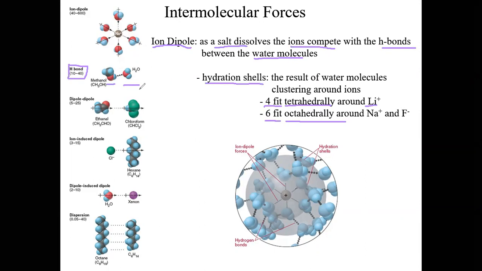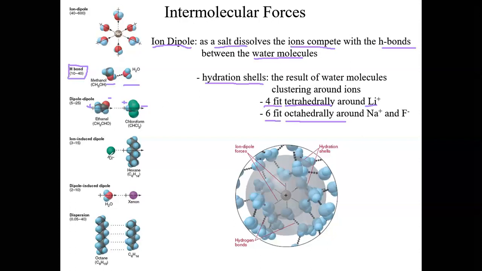So if our solute is ethanol, which is an aldehyde, so you have this negative charge here, positive charge here, it's going to interact with chloroform, which is also a polar compound, has a positive charge here, negative charge here. So you get this dipole-dipole interaction. But it takes two polar compounds to produce a dipole-dipole interaction.